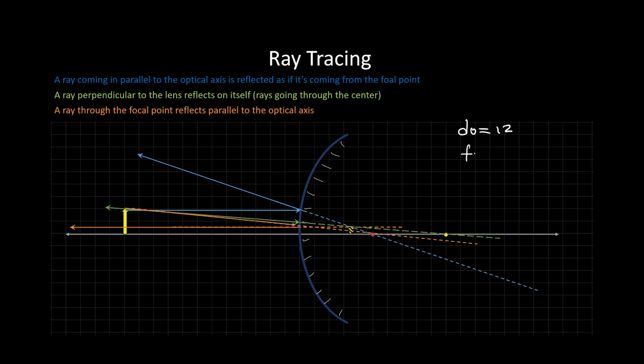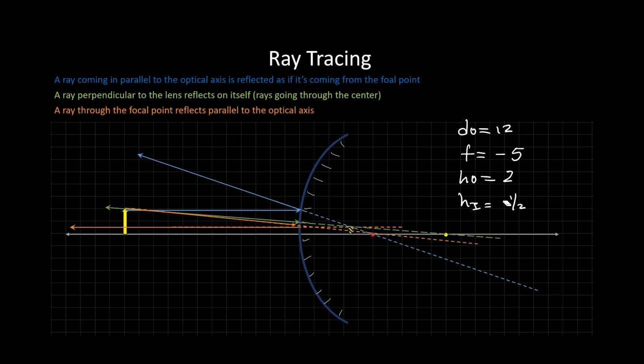So f is -5 units, because it's a convex mirror. We have the height of the object to be 2 units, and the height of the image, maybe half a unit. Sorry, it's not negative, it's positive. It's pointing up.